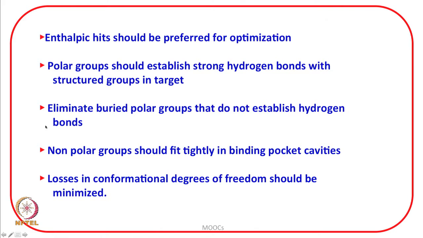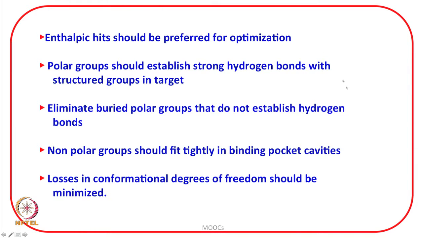The next guideline which emerged from this kind of discussion is to eliminate buried polar groups that do not establish hydrogen bonds. Non-polar groups should fit tightly in the binding pocket cavities, and the losses in conformational degrees of freedom should be minimized.